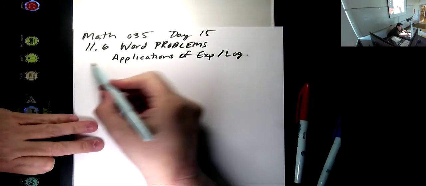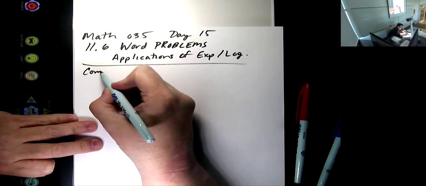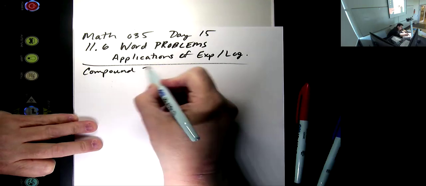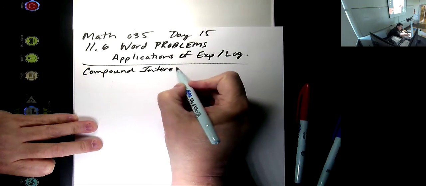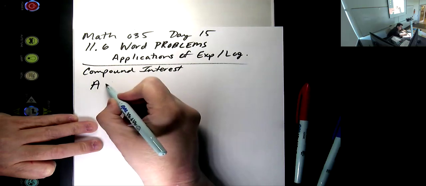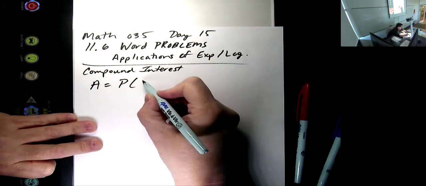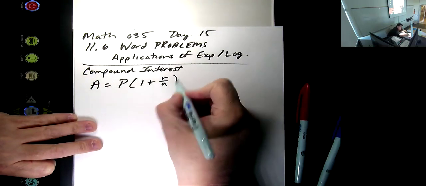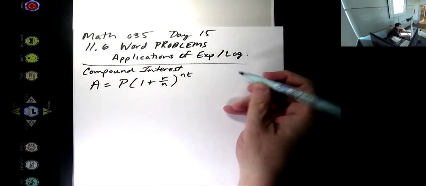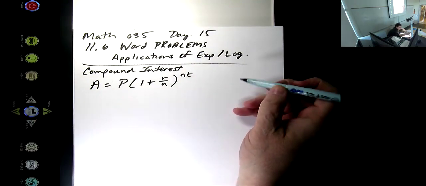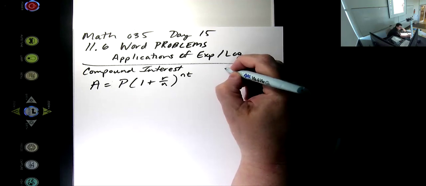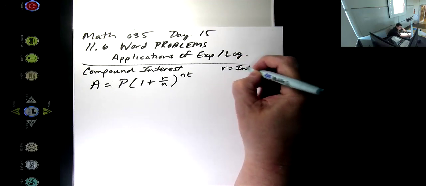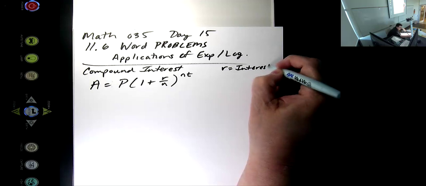Compound interest, first topic. We actually gave you the formula last week. We said A equals P times (1 plus r over n) to the nt. R is the interest rate as a decimal.